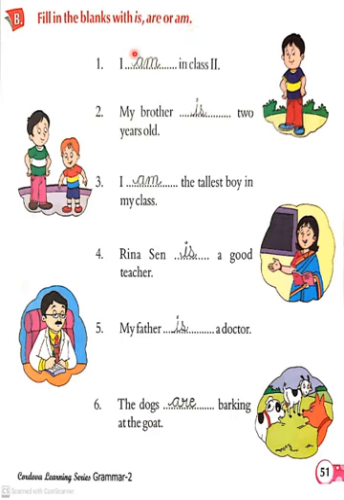So let us start this exercise. First, I dash in class second. So what is given here? I. And you know very well that with pronoun I, we will only be using am. I am in class second.